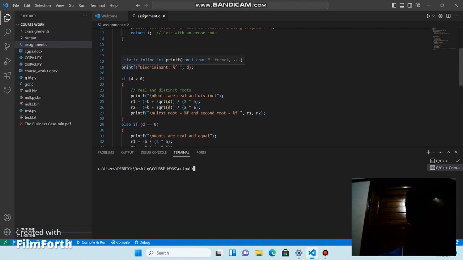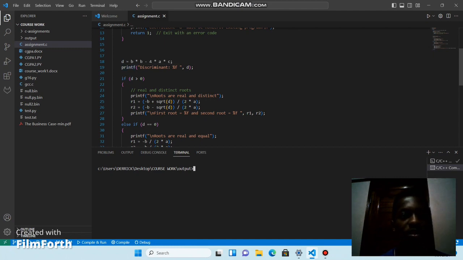We have to implement a function to calculate the discriminant, which is d is equal to b times b minus 4 times a times c. Then after that, print the discriminant. Depending on the coefficients which you have input, it will calculate and give you the value of the discriminant. I hope you get me there. If you have learned C very well, you can clearly understand the syntax.